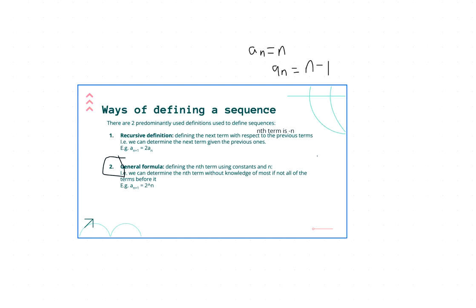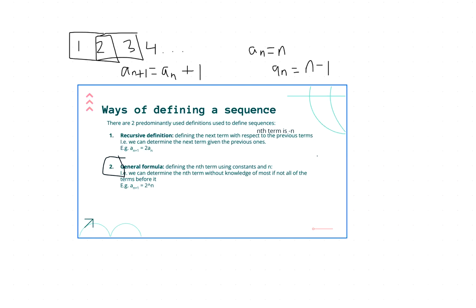If we look at the sequence of positive integers, 1, 2, 3, 4, and so on, each one is just the previous one increased by 1. So now we can say that a_(n+1) is just the previous term, a_n, plus 1, right?